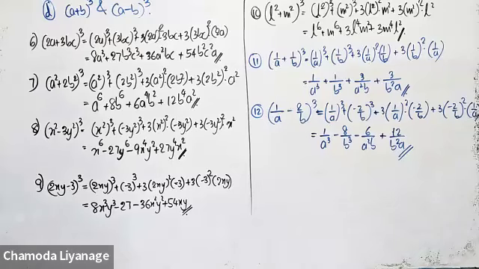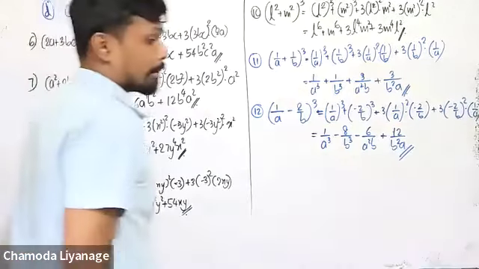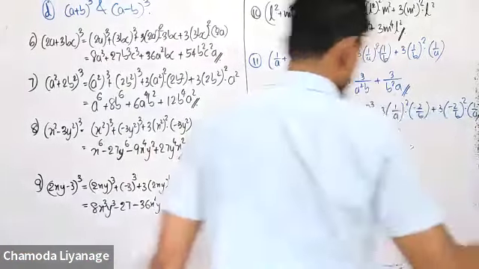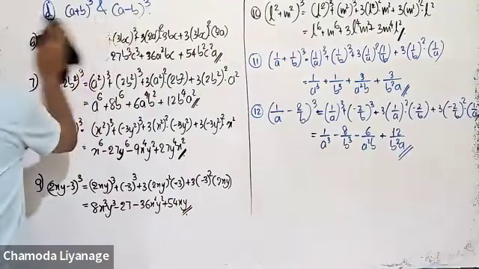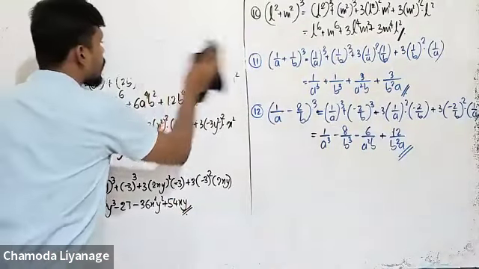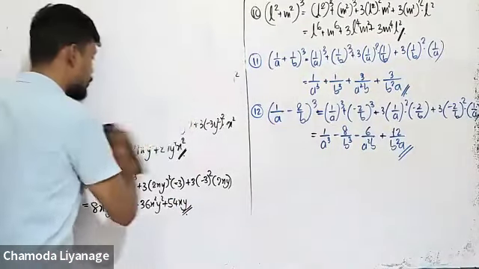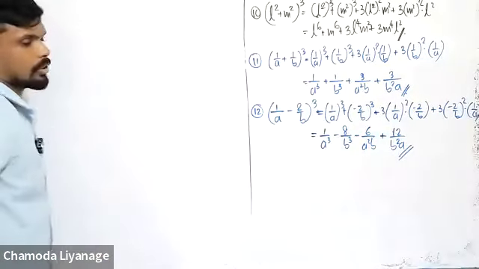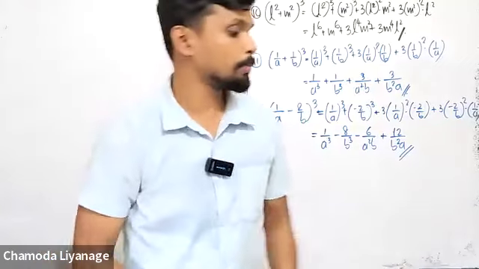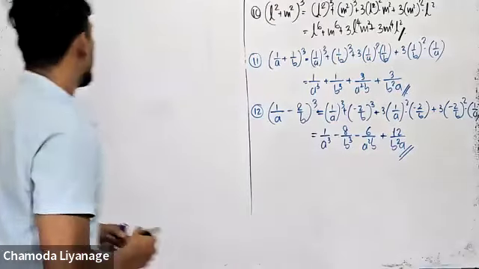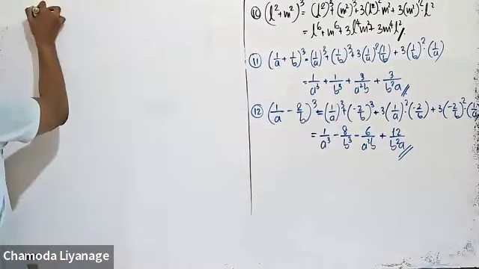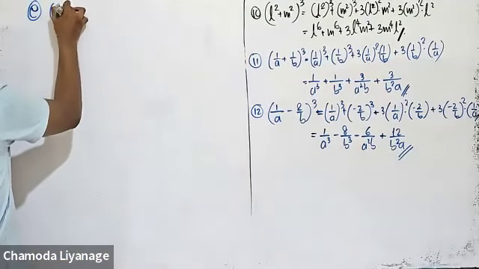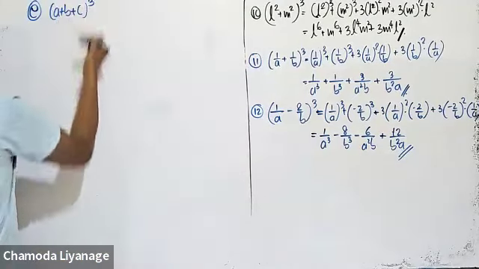Right. So last one, last expansion. Put E and write a plus b plus c cube.